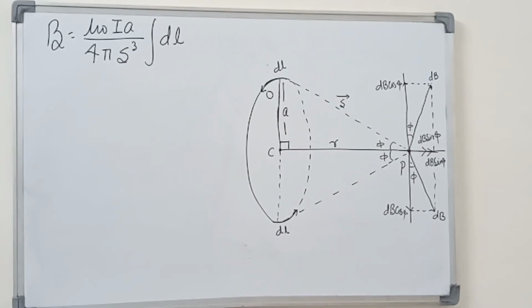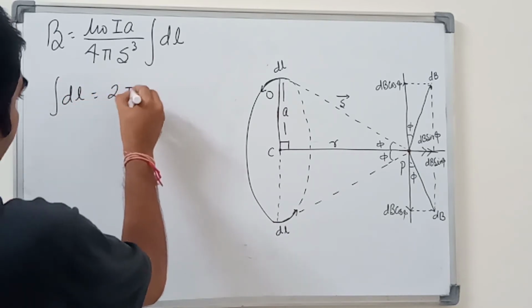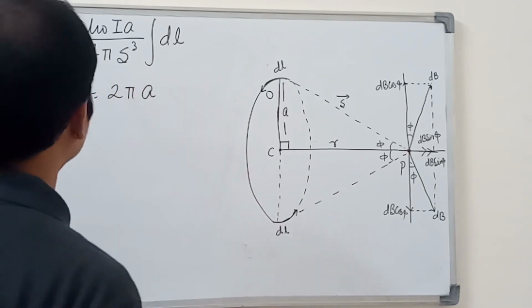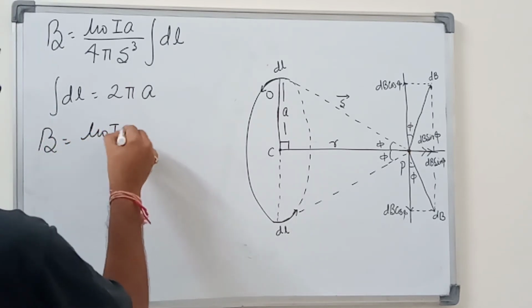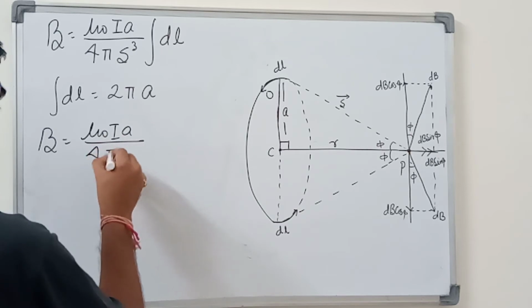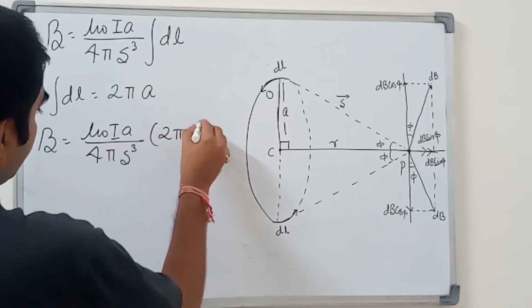So the dl value is put here. Now the dl value is 2 pi a, the circumference of the circular loop. So B is equal to mu 0 I a upon 4 pi s cube times 2 pi a.